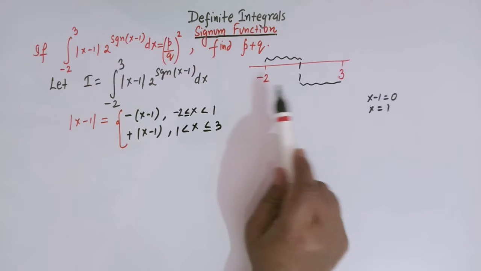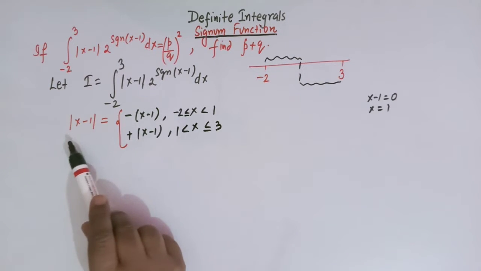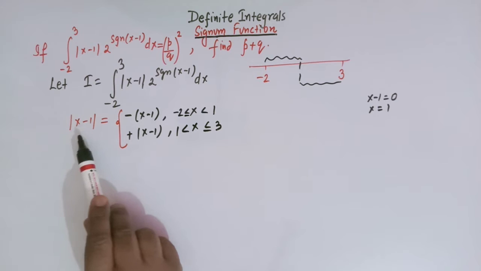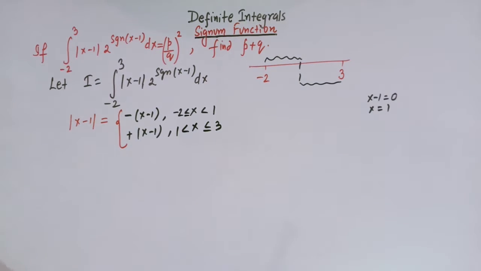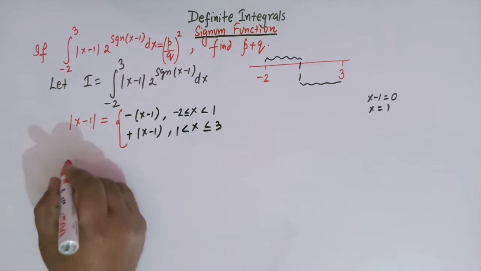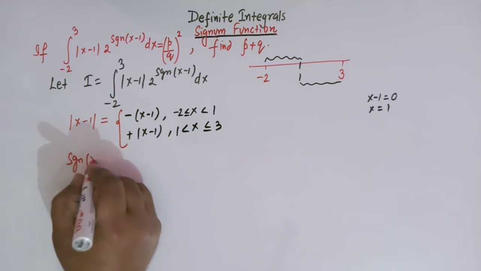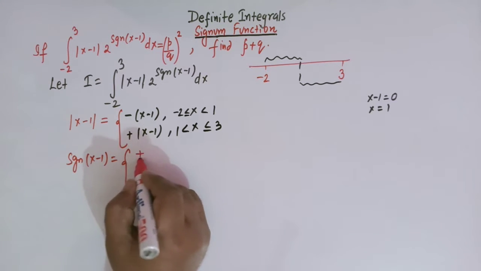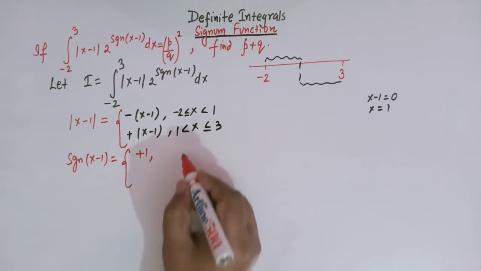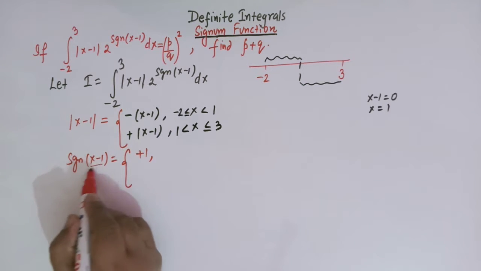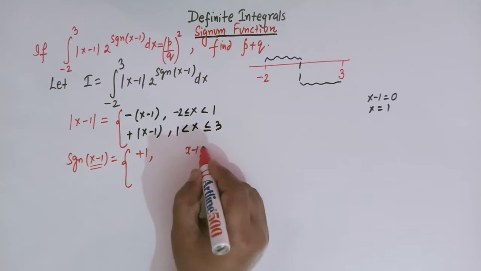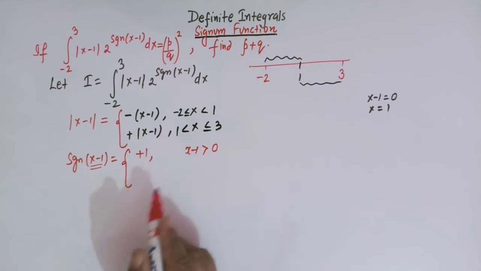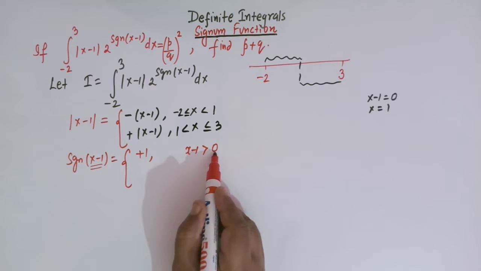Now that we have defined the mod function, let us define the signum function. Signum of (x - 1) is positive 1 whenever x - 1 is a positive number, that is x - 1 is greater than 0.